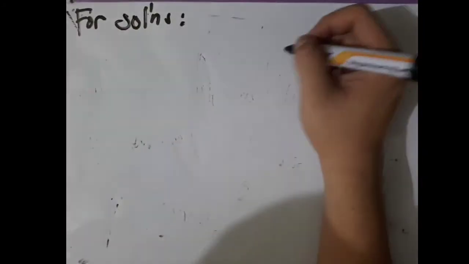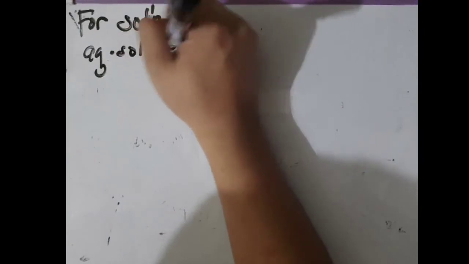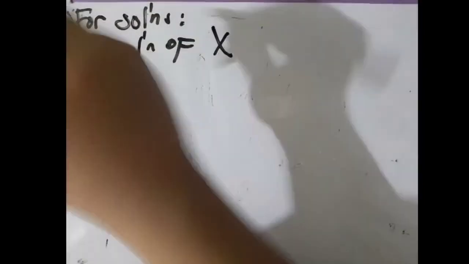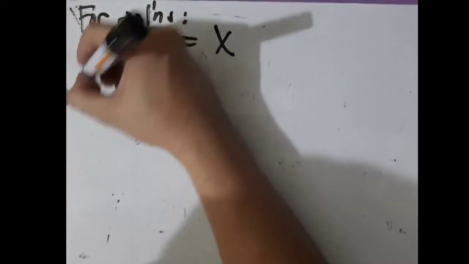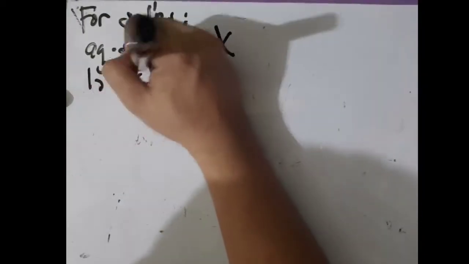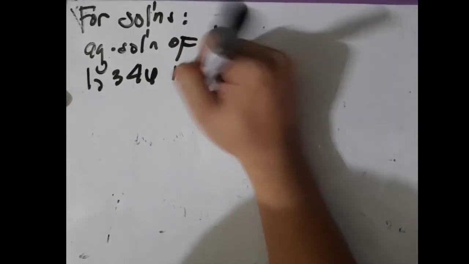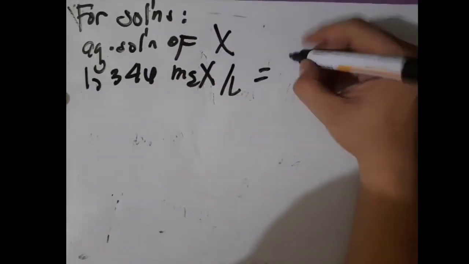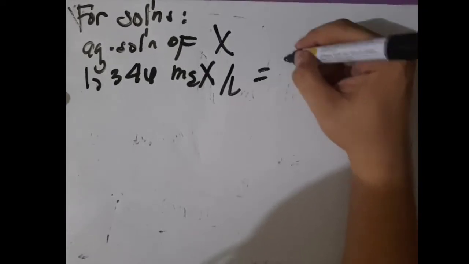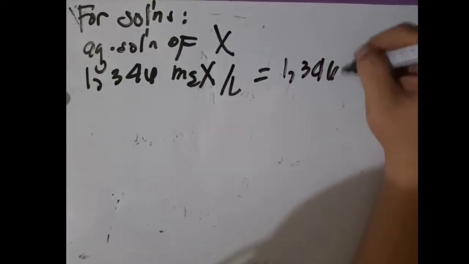Let's have a hypothetical aqueous solution of a hypothetical solute X, wherein its concentration in parts per million is 1,346 milligrams of X per liter of the solution, which is also equal to 1,346 ppm.